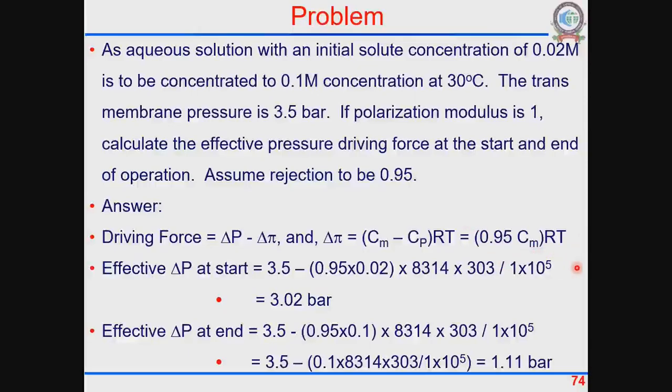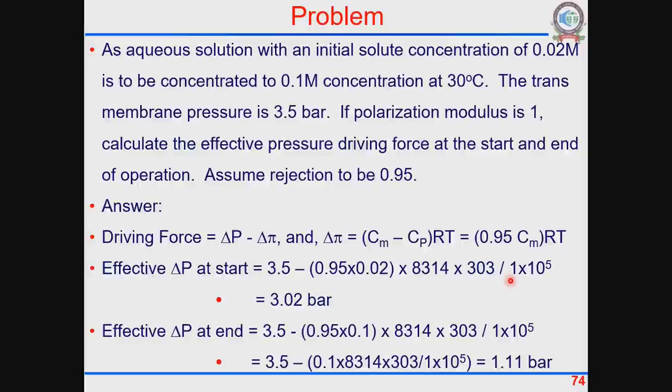So if you substitute the values, you will find that the effective driving force is 3.5 minus 0.95 times 0.02 times 8314 times 303, and if you use R in units of joules per kilomole Kelvin, you will get the osmotic pressure in Pascal. So we'll have to divide by 1 into 10 raised to 5 to get it into bar, and then you will find that the effective delta P at the start is 3.02 bar.